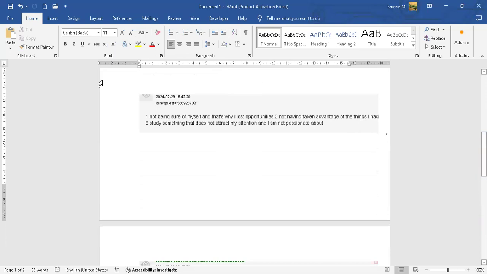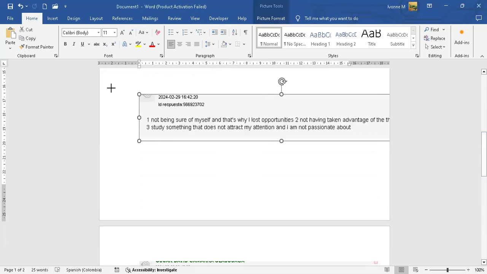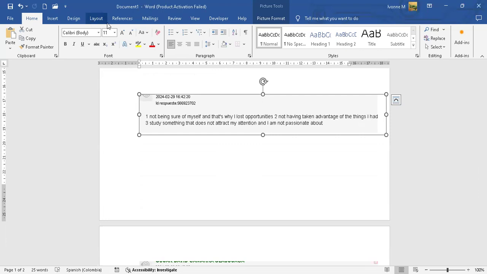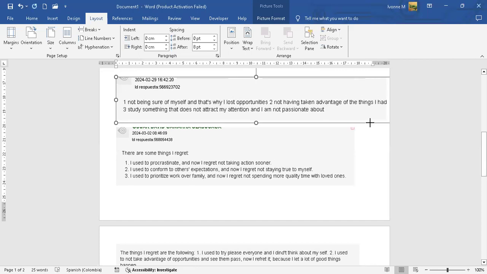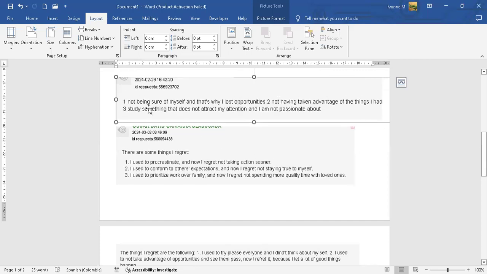So here we have an answer of one of the students in the course. Let's see here. She's talking about her regrets. The first one is not being sure of myself, and that's why I lost opportunities. Number two is not having taken advantage of the things I had.